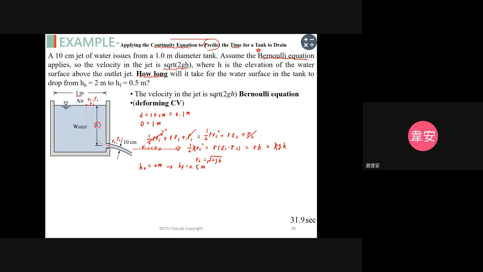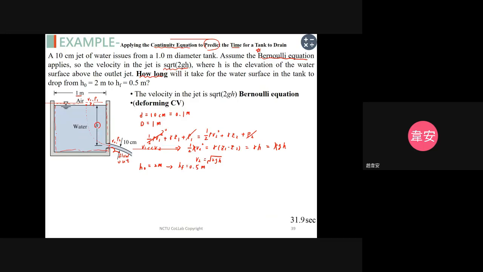Again we analyze it. We can define our control volume boundary for the control surface. We can assume the boundary of the tank is our control surface. For this problem, we only have one flow: we have the flow out, and we don't have any flow in.